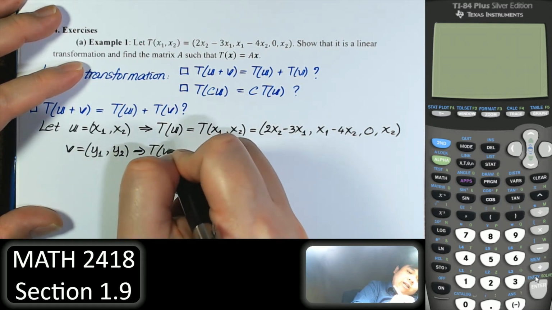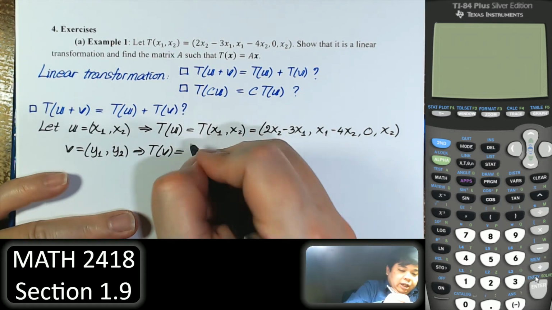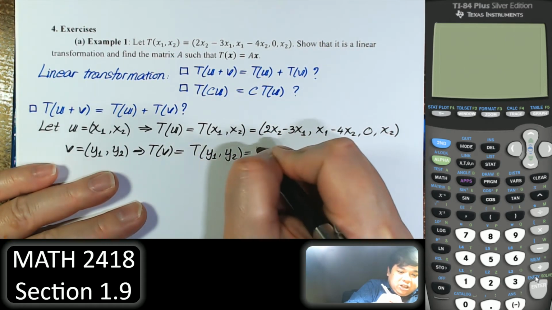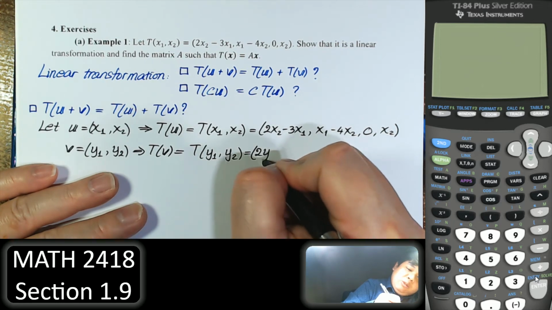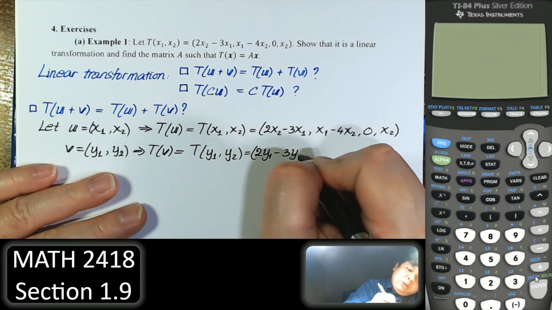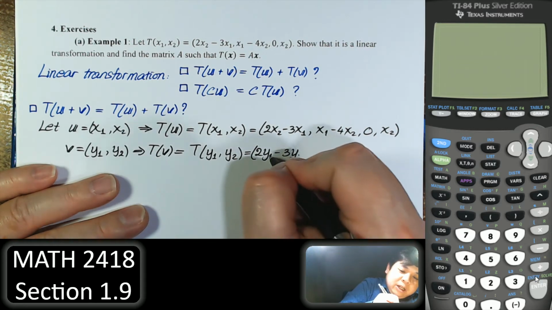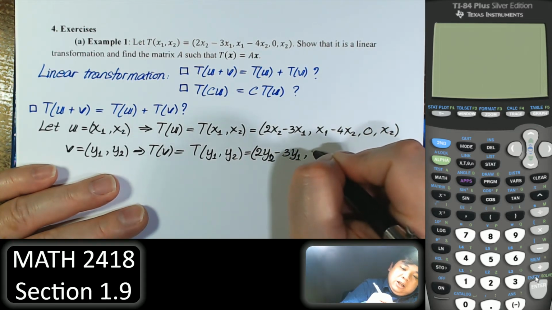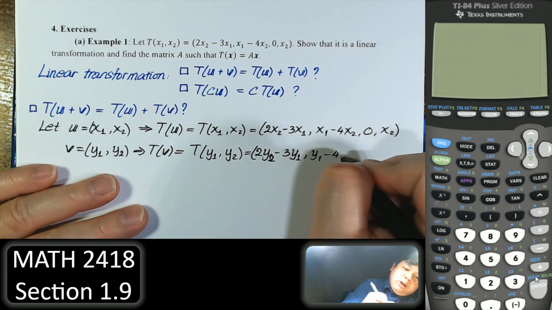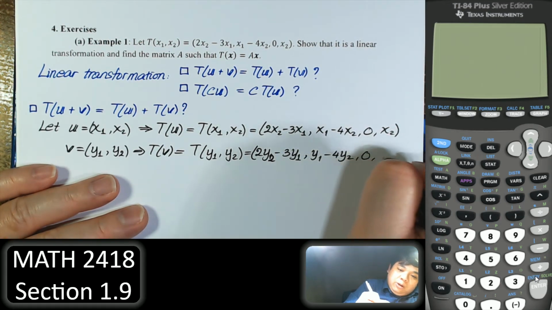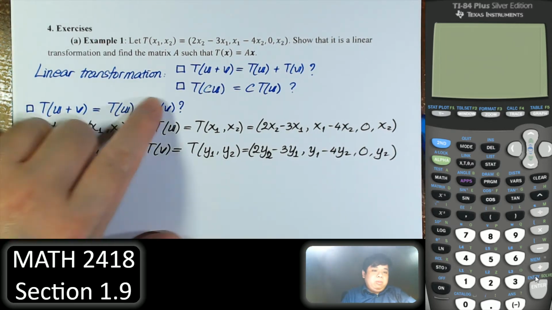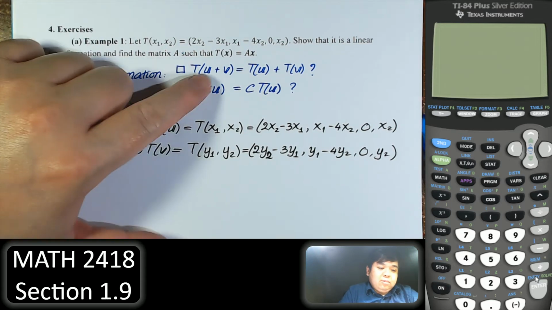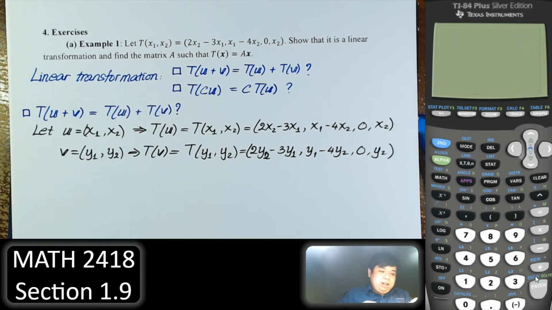So T of v equals T of (y1, y2), which is (2 y2 minus 3 y1, y1 minus 4 y2, 0, y2). So pretty much just that formula, but instead of x, I use y. Now, let's do T of u plus v.